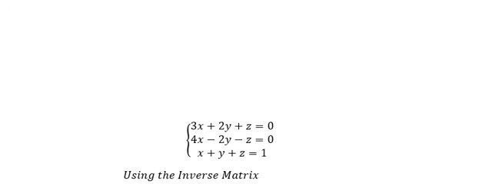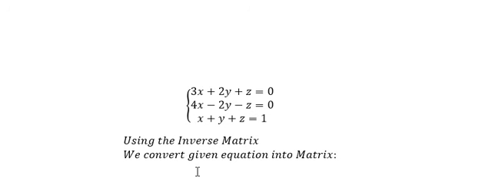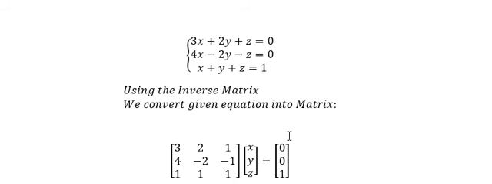So the first step, we need to convert the given equations into matrices, and here is the answer. The coefficients are 3, 2, 1, so we put 3, 2, 1 here, and we put x, y, z as the solution that we need to find, and 0, 0, 1 are the results of each equation.